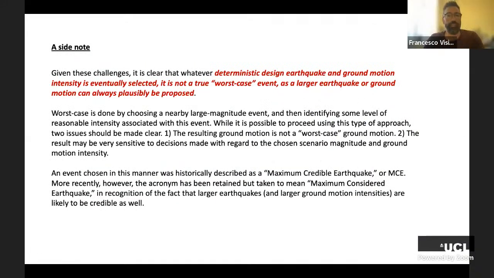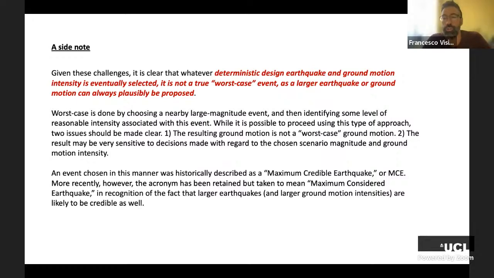Just a side note: we always hear about the worst-case scenario, the maximum magnitude, the maximum ground shaking. As I think you have understood, the worst case is done by choosing a nearby large magnitude event, but it will not be the maximum possible event, and the same is true for the ground motion.